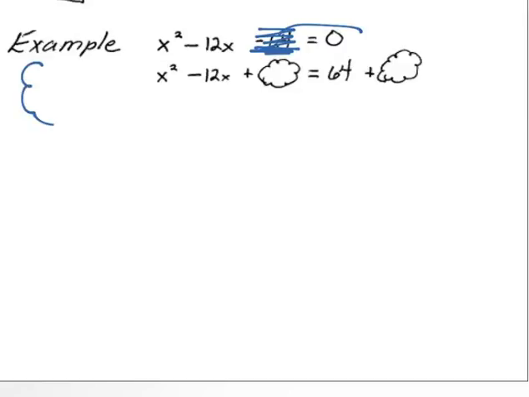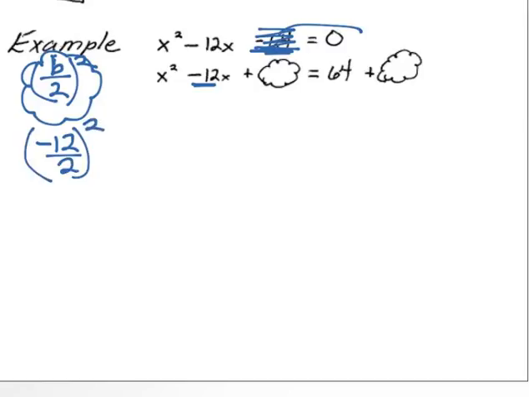And we decided that inside of our little puffy cloud there is going to be the perfect number, and that is going to be b over 2, and then we're going to square it, because we said b was the middle number, and we're going to divide it into 2, and when we're making our little square, and then when we finish making our square, that's squared, isn't it? Well, b in this problem is negative 12, so negative 12 divided by 2 is negative 6, and negative 6 squared is 36.